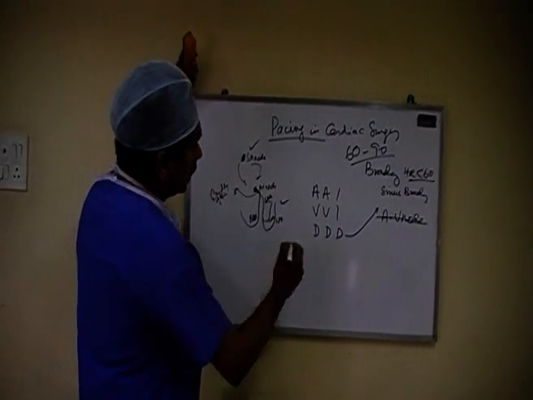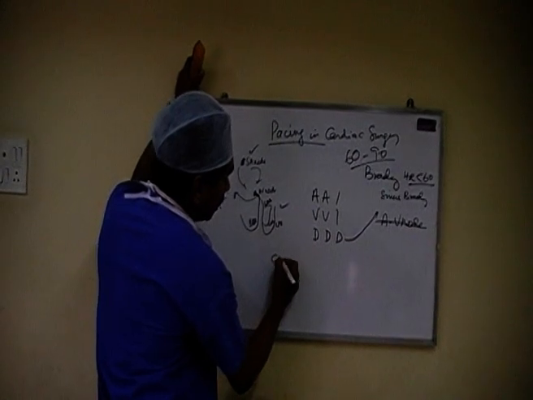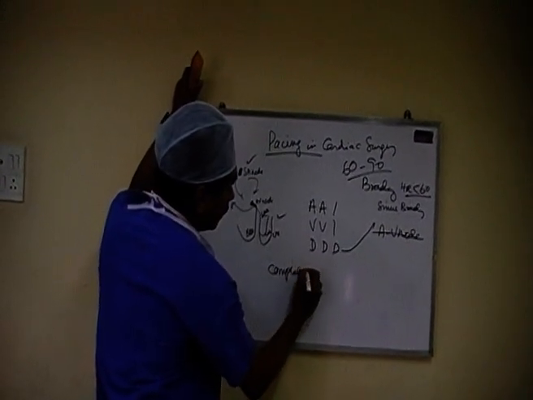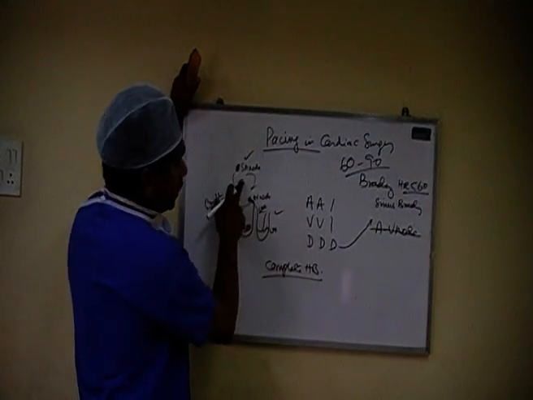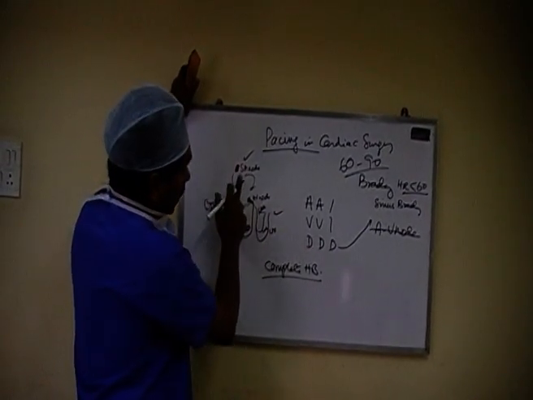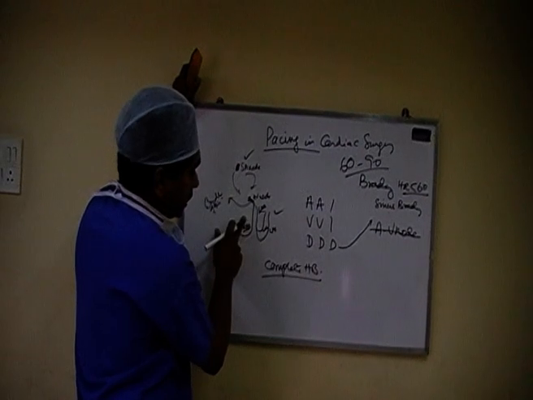So for instance, if a patient is in complete heart block, there is a complete dissociation between atrial impulse generation and ventricular impulse generation.